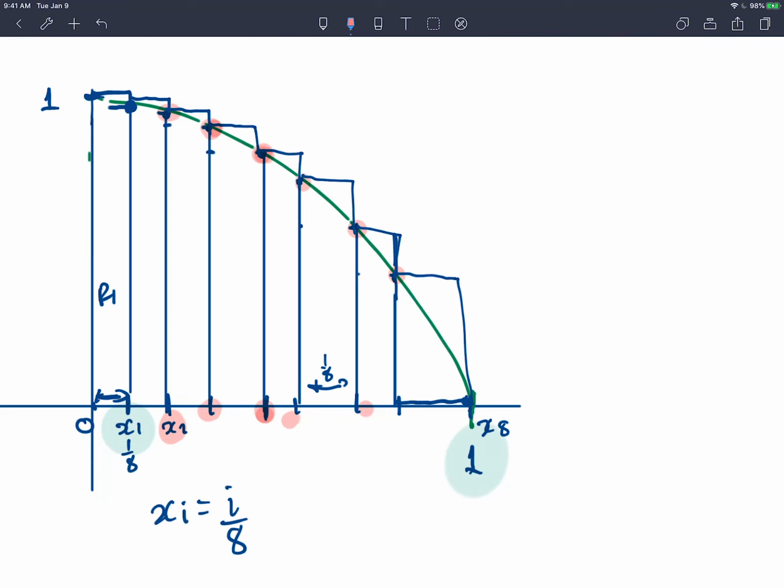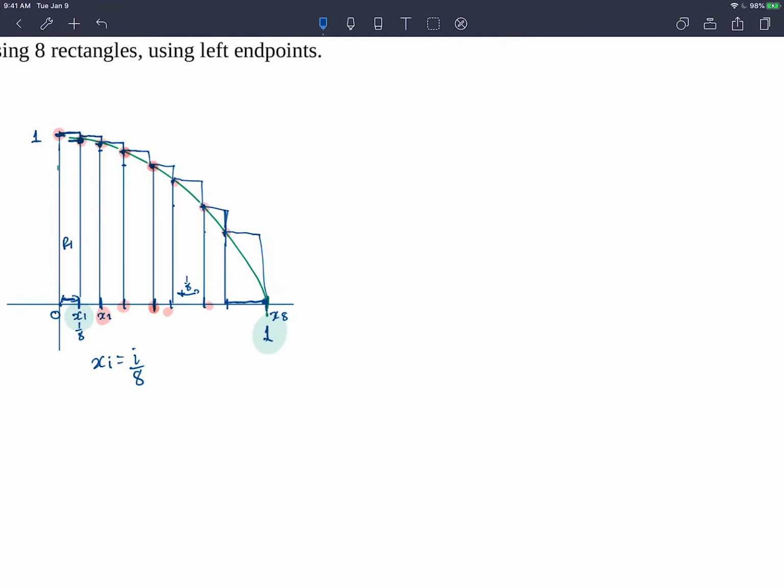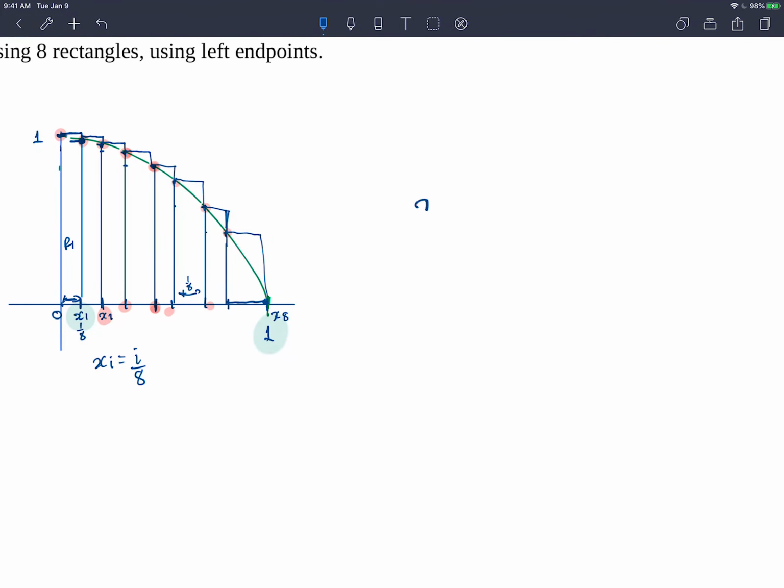So for R1, in the past the height was 1/8 when plugging it in, but now for R1 it's 1, because I'm using the 0 as my input. So it's the same idea, and it's not going to take us that much, because when I write this down, all I'm going to do is notice that the area is approximately the same thing. It's going to be the sum of i equals, now pay attention to what's going to happen here.